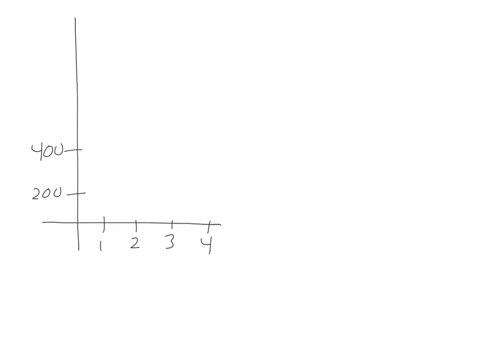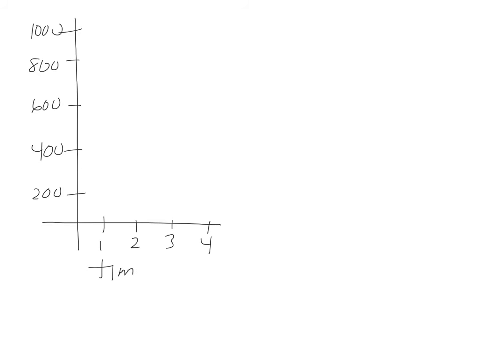Now occasionally, I could give it to you in terms of a graph. So I might do this. Let's go 1, 2, 3, 4, and 200, 400, 600, 800, 1,000.